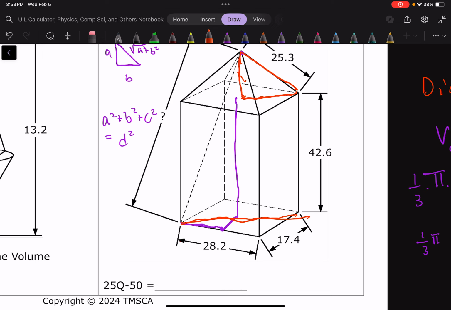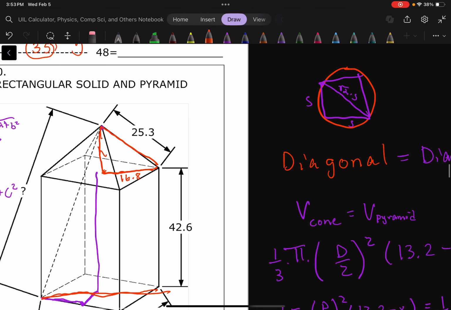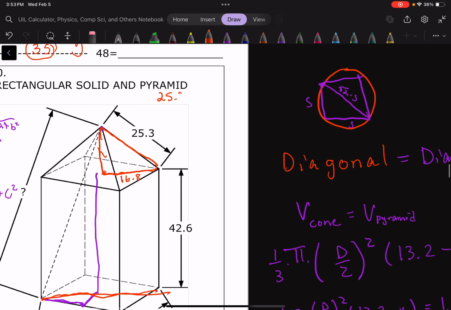So what we need to do then is cut it in half to get half that diagonal, and that's 16.8 right here. So lastly, we have 25.3 squared equals 16.8 squared plus h squared. And when we solve for that number, we find out that the height of this is 25.